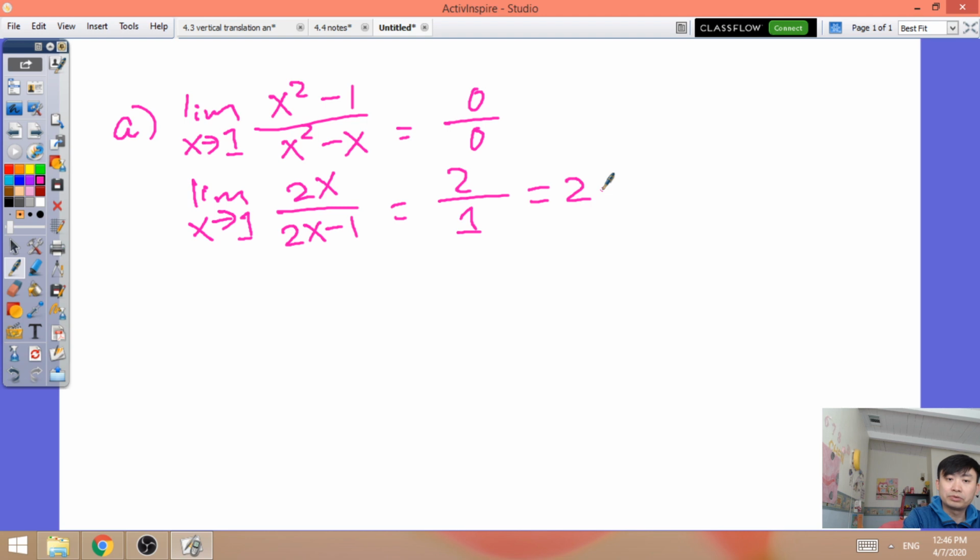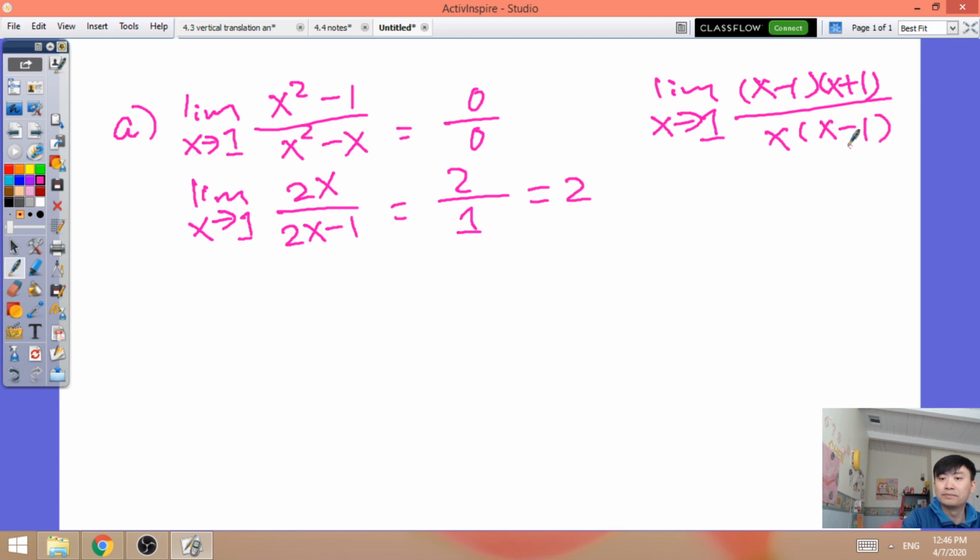Now, what about another approach for doing this? Back to chapter 2, the way that we do it is by factoring. But sometimes it doesn't guarantee that the function is factorable. Well, this one does. So factor it: the numerator is a difference of squares, x minus 1 times x plus 1. In the denominator, take out the greatest common factor x, so we have x times the quantity x minus 1.